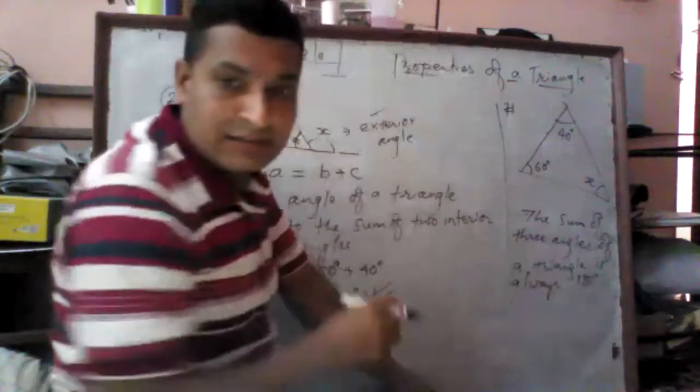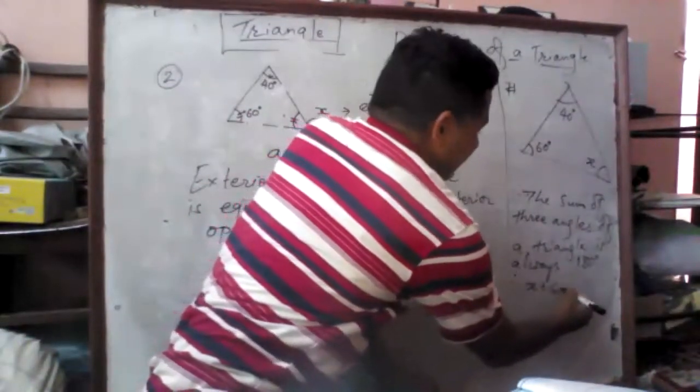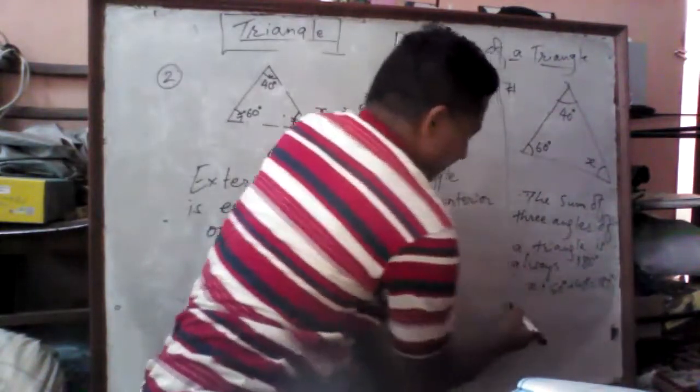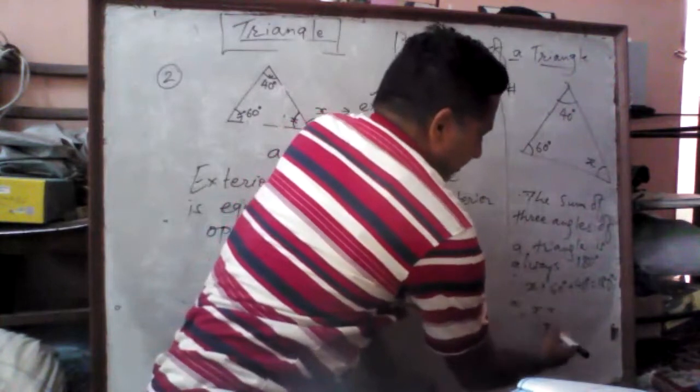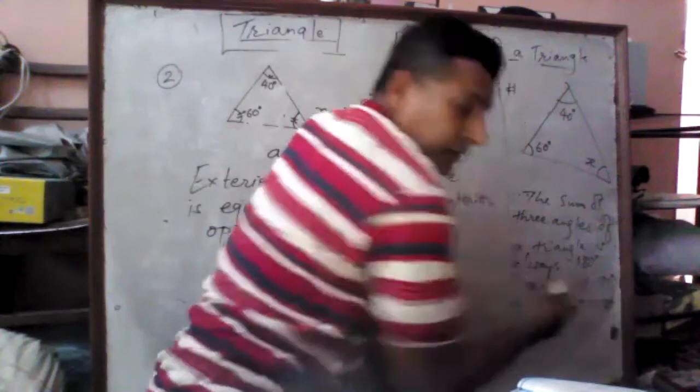Therefore we can write X plus 60 degrees plus 40 degrees is equal to 180 degrees, and we can add these angles, 100 degrees, that is 180 degrees.